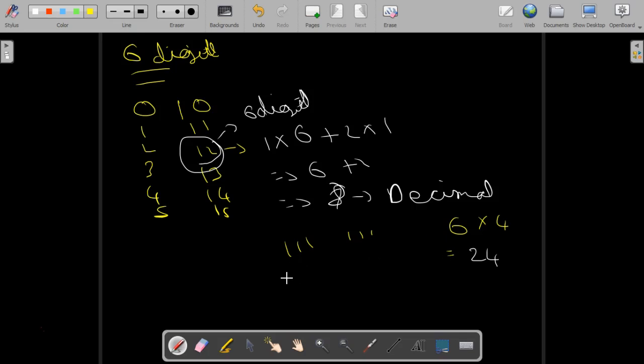If you play the same trick, that is you're counting with your fourth finger, so 1, 2, 3, 4, that is your fourth finger. Behind this you have 3 fingers, and ahead from this you have 2 fingers. Convert this back to decimal, that would be 3 times 6 plus 2 times 1, that would be 18 plus 2. Whoops, I made a mistake, hold on, what mistake did I make?